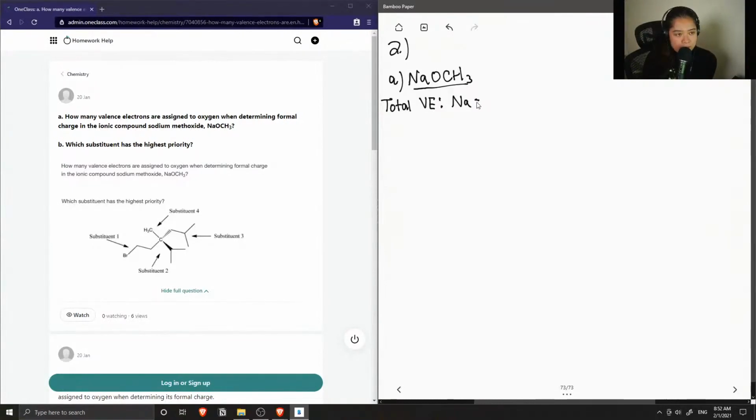So sodium has 1, oxygen has 6, carbon has 4, and hydrogen also has 1. But since we have 3 hydrogen atoms, we multiply this by 3.